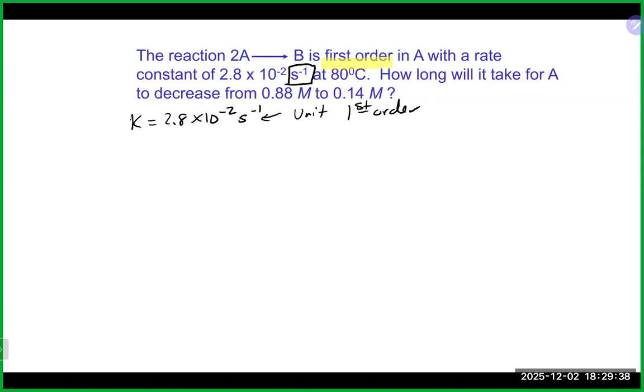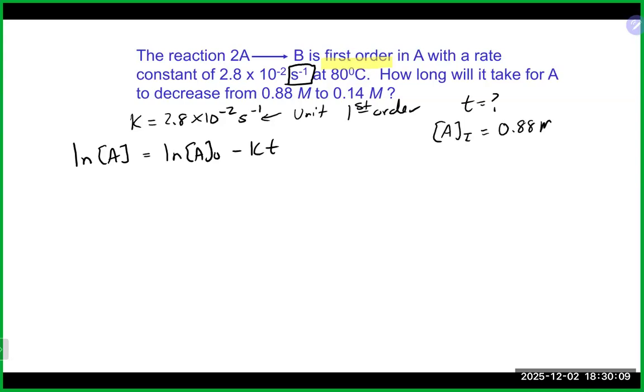By the way, when we talk about the rate constant, as we did, I think last time, it is a lowercase k, as the capital K is actually the equilibrium constant, something different. So because it is first order, I know I should roll with my first order integrated rate law, which is this, minus my kt. So I have my k. I am looking for the time, and I am taking an initial concentration of 0.88 molar and a final concentration of 0.14 molar.